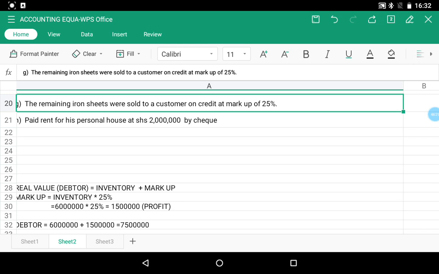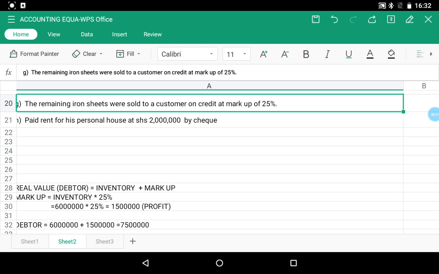We get 1,500,000. It means they added 1,500,000 on the remaining inventory to get what they sold to a debtor. And we have said the debtor is a person who takes goods on credit from the business, a customer. So that is our markup.